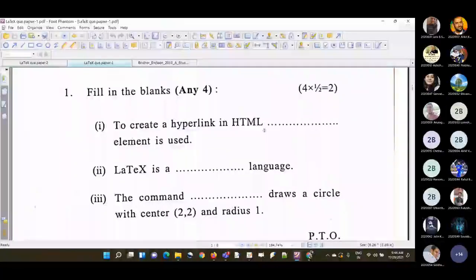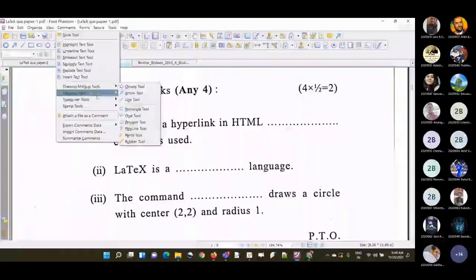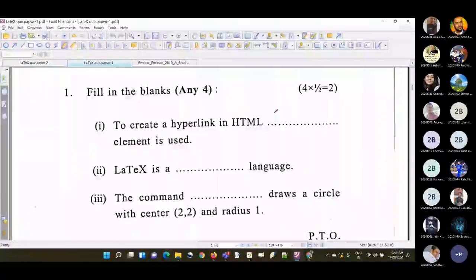Yes, nice. So let us see if I can write here, maybe with the pencil tool. Okay, pencil tool. So something like this we used to write.